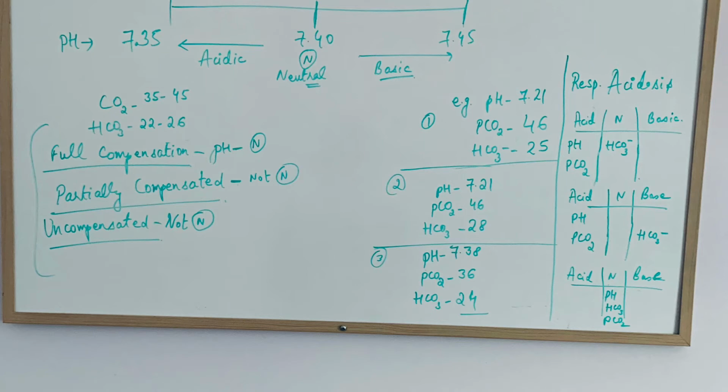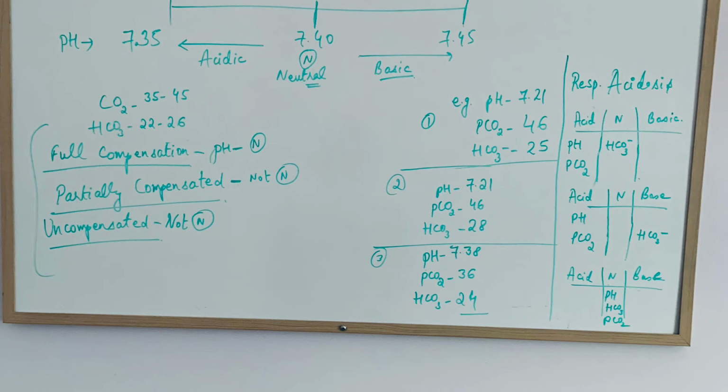Now the second example. Here the pH level is 7.21. Obviously I have taken it on the acidic side. The partial pressure of carbon dioxide is 46, it's high, so I have taken it on the left side, the acid side. But in this condition, the bicarbonate is trying to compensate the acidic condition in the body.